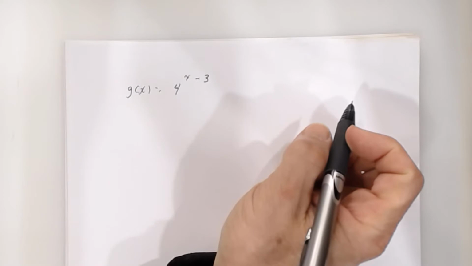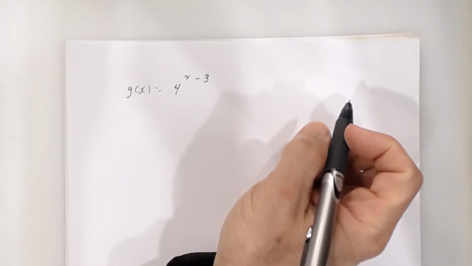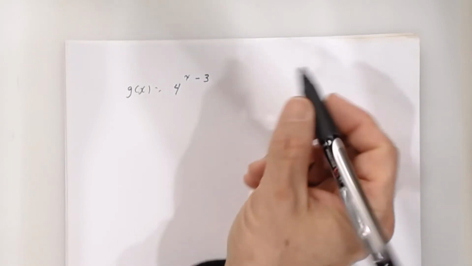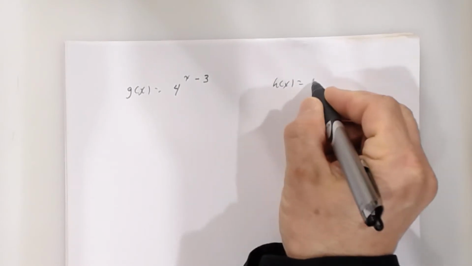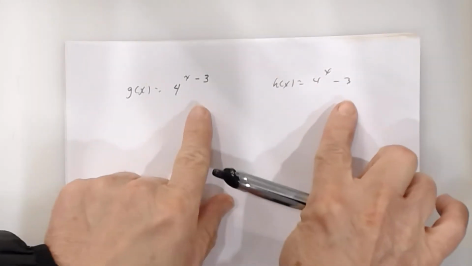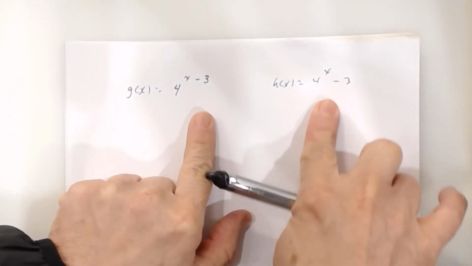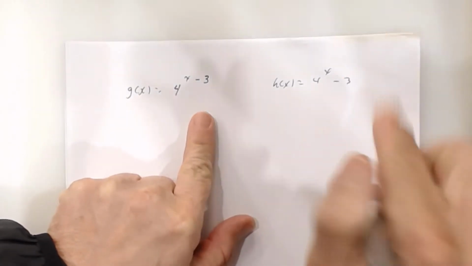Now, what is the horizontal asymptote? Y equals 0. Don't confuse this with this. That's two different functions. What's the horizontal asymptote here? Y equals negative 3.